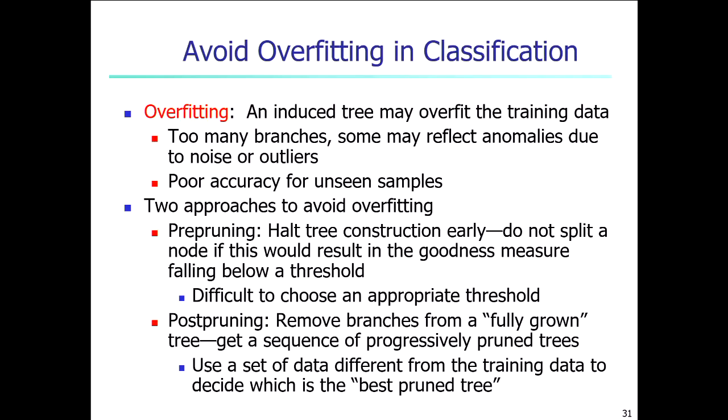And the problem is that it is difficult to choose such an appropriate threshold. And for post-pruning, you remove some branches from a fully grown tree. Then you need to decide when to prune and which subtree needs to be pruned. And we will talk about this later.